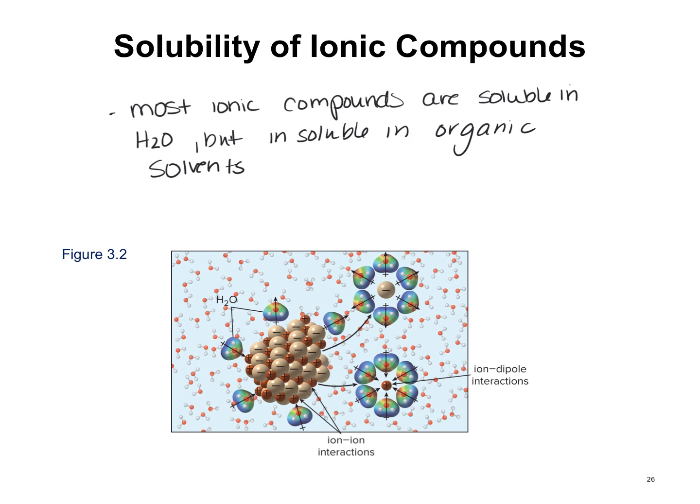So to dissolve an ionic compound, and we've got an image of that here, the strong ion-ion interactions between the cation and the anion in the ionic compound need to be replaced by weaker ion-dipole interactions.